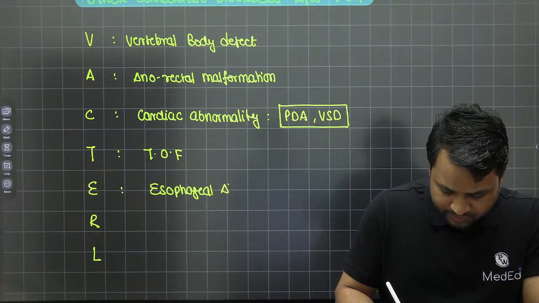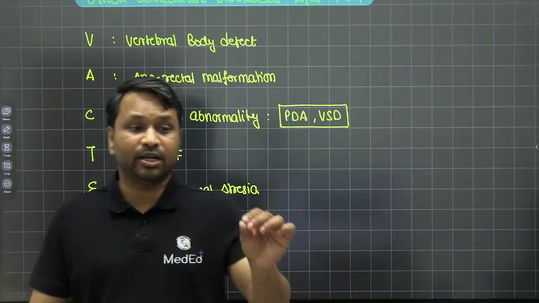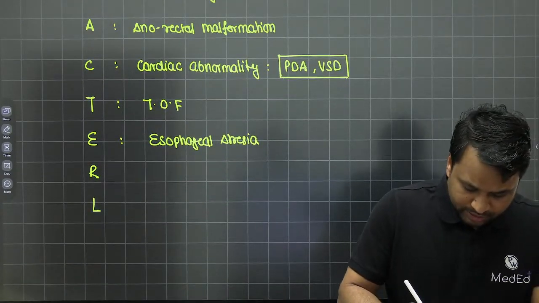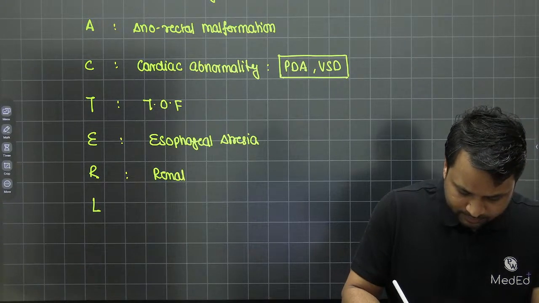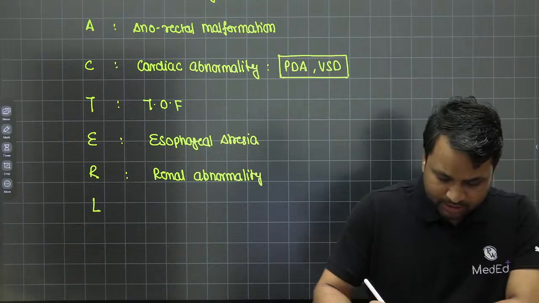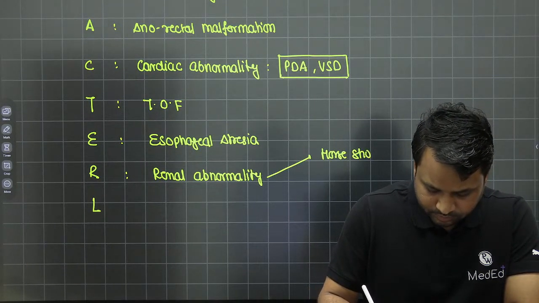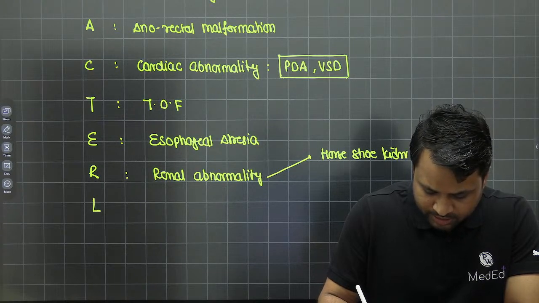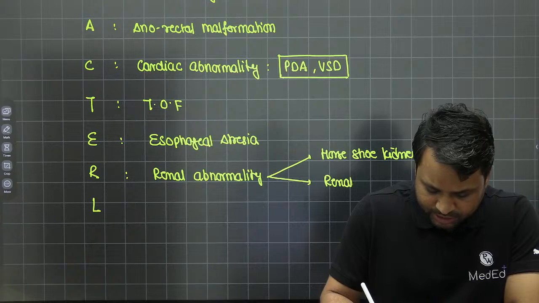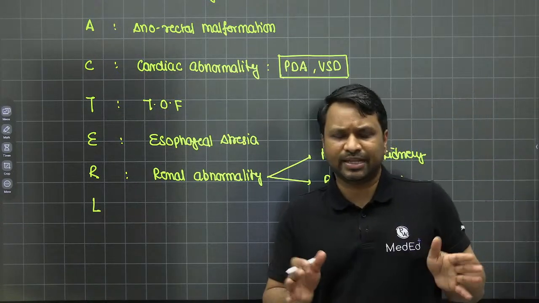As I told you, every patient of tracheoesophageal fistula is known to have atresia unless proven otherwise, so that stands strong here as well. R stands for renal abnormalities. They are usually associated with horseshoe kidney or, worst case scenario, renal agenesis, which means the kidney is not even formed.